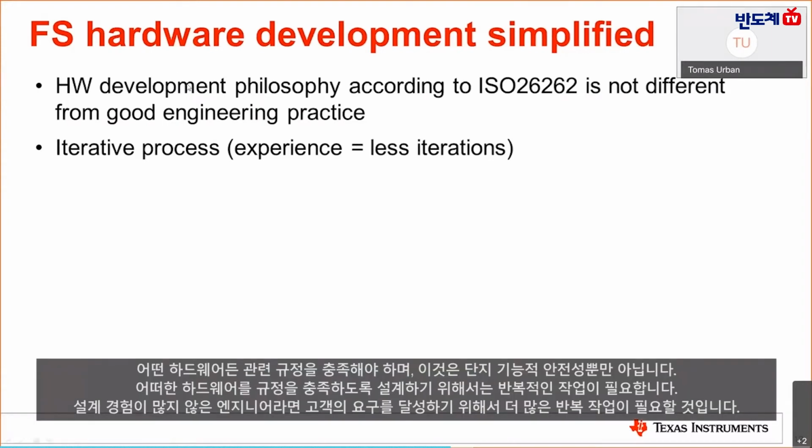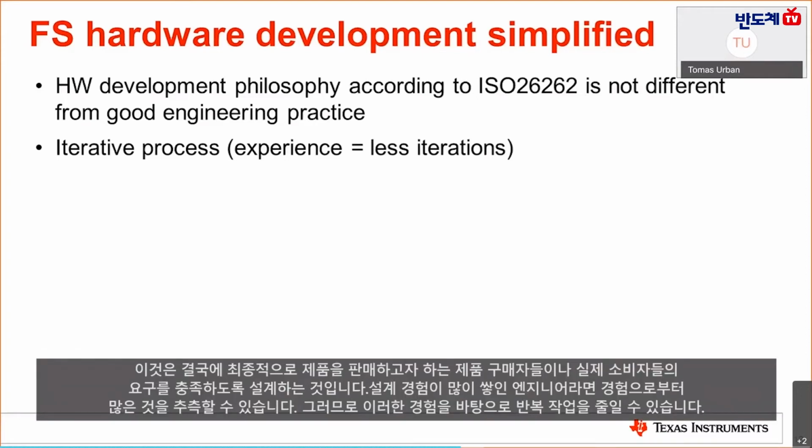Any kind of hardware that needs to comply with requirements, and this is not applicable to functional safety only, is an iterative process. If you're a junior hardware developer, you would need more iterations to comply with the final requirements of your customer, regardless of whether it's a product owner or a real customer you need to sell the product to.